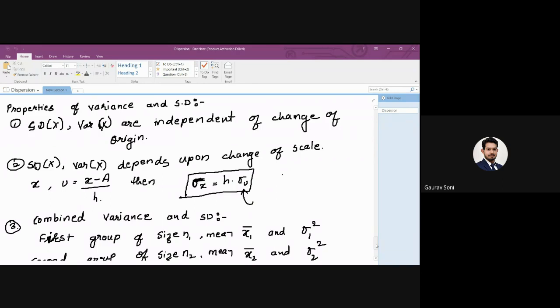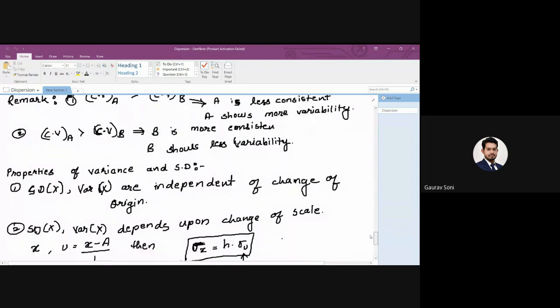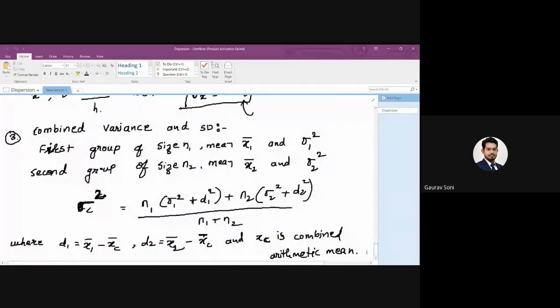And the last one was the combined variance and standard deviation. And this is the last formula that we have seen.